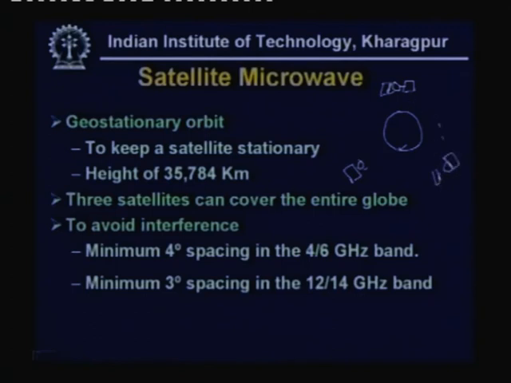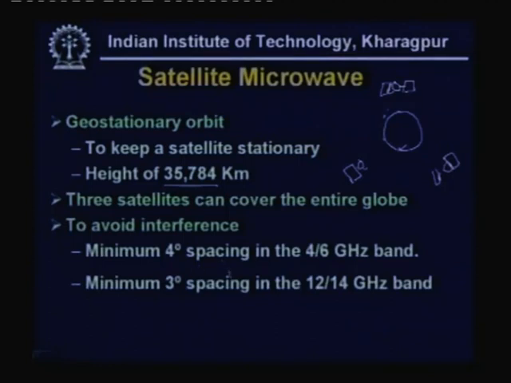So with the help of these 3 satellites, one can cover the entire Earth. So this is a big advantage. The height is utilized, and to communicate with any ground station on the Earth, only 3 satellites are sufficient. So this is one very big advantage.